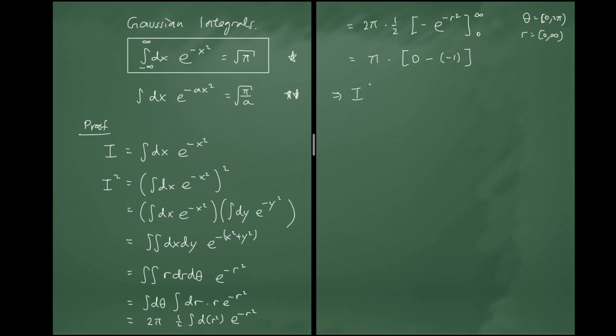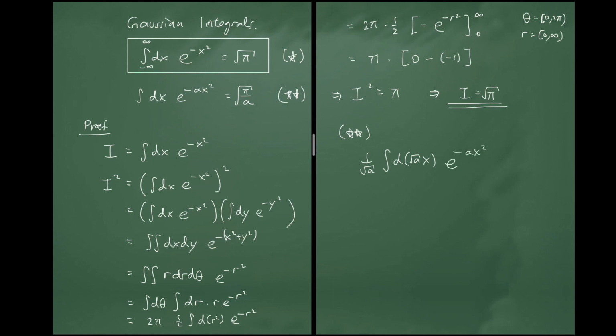So we have I squared equals pi, and that gives us I equals the square root of pi. So I've proved equation star, the first one over here. To get the second one, all you have to do is a substitution. For equation double star, we can consider multiplying by 1 over root a and root a inside here.